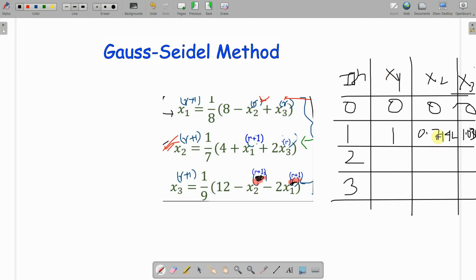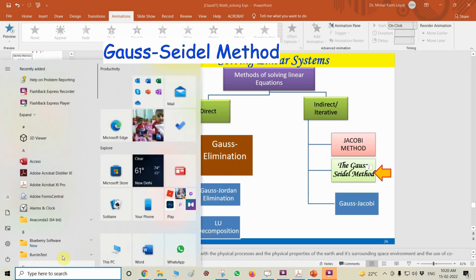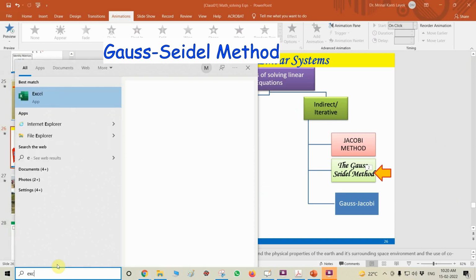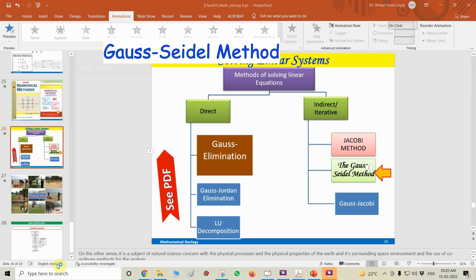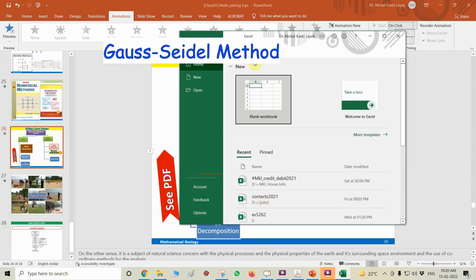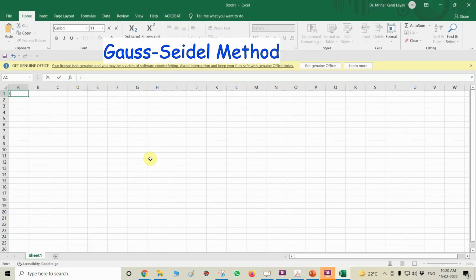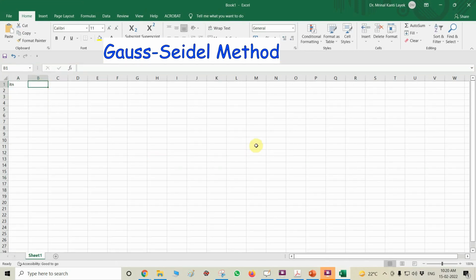If I do this by Excel, I have the iteration number, and then I have the value of x1, x2 and x3. Okay, 0, 1.